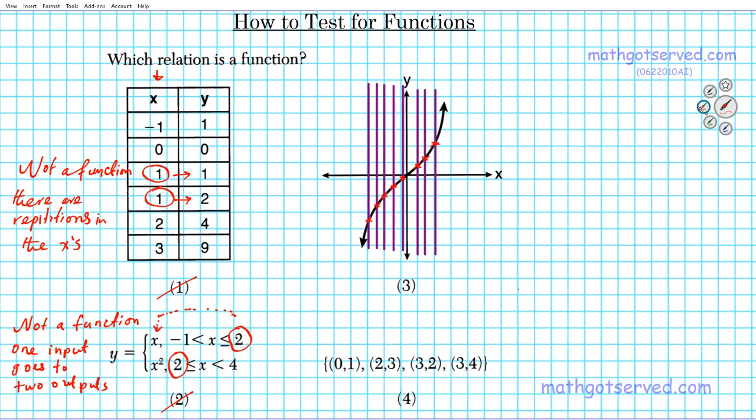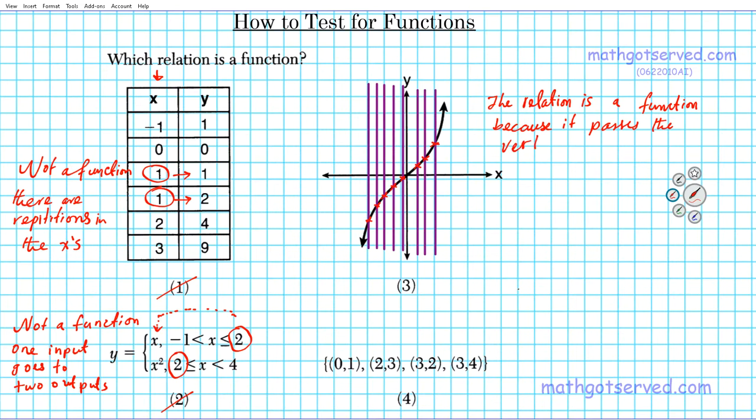All right, so let's go ahead and write this down. Relation 3 is a function. Why is that? Because it passes the VLT. What is the VLT?